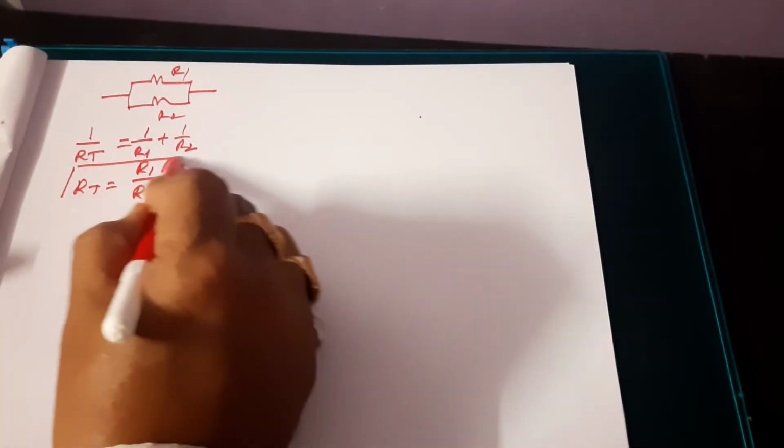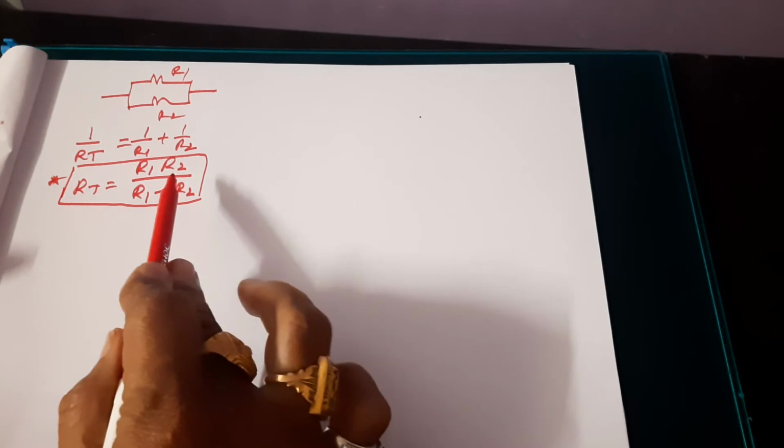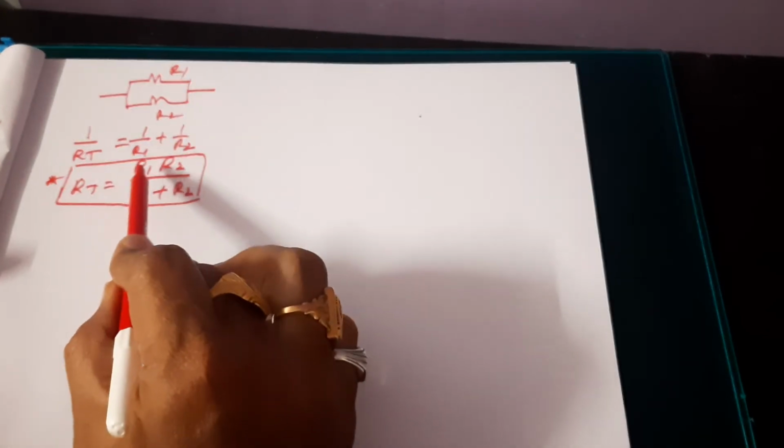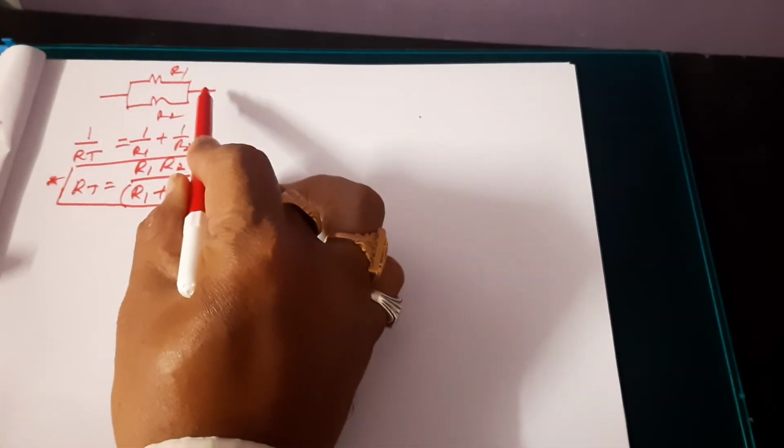In simplified manner, it will be given by R total equal to the product of two resistances by the sum of the two resistances. So in this way, we can easily remember the total resistance of two resistances by taking the product of the given two values by the sum of the two resistances. So this is the total resistance formula when two resistances are taken.